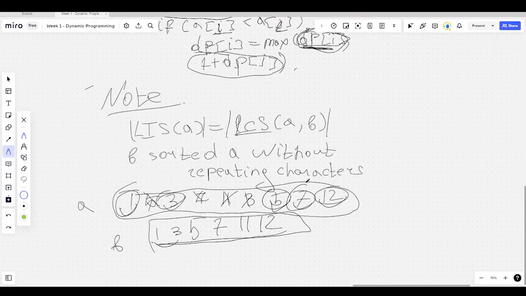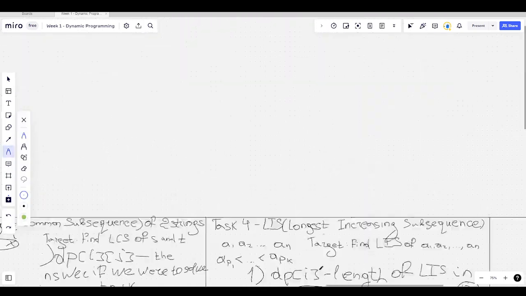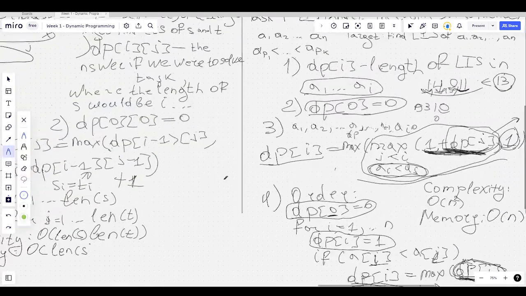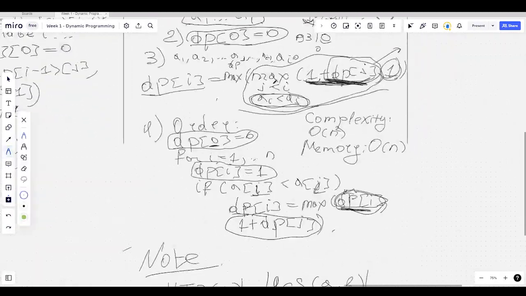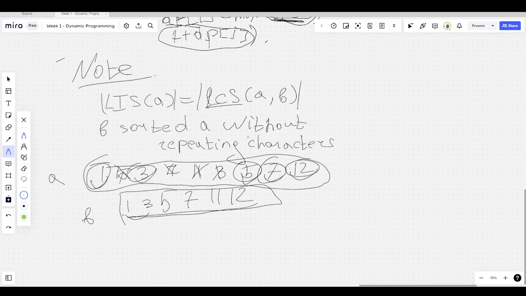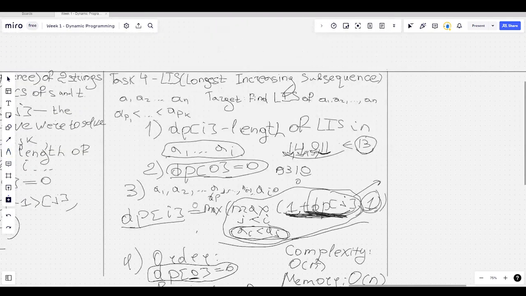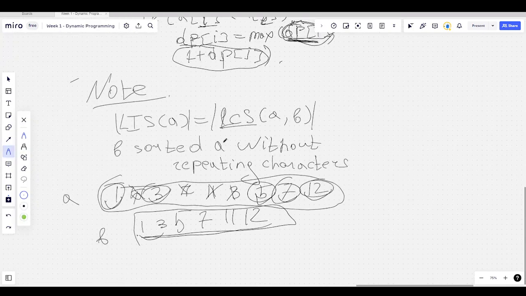Next, note that if you implemented this algorithm, you can solve the longest increasing subsequence problem using LCS. Just take B as sorted A without repeating characters.